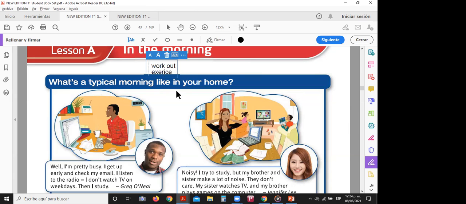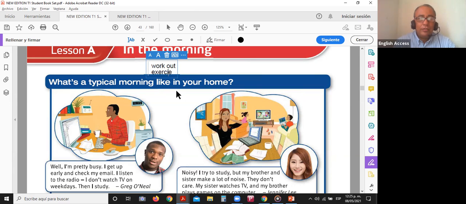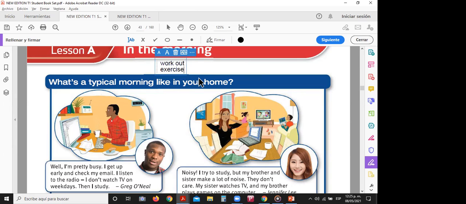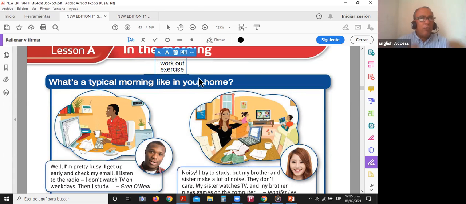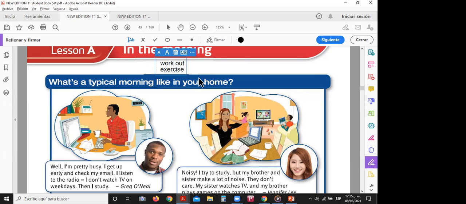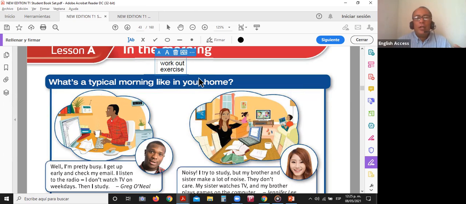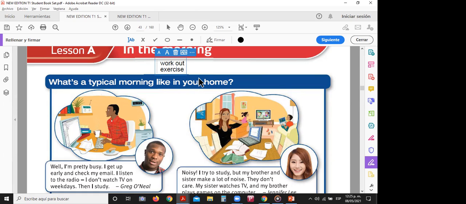Exercise. Very similar words that you can use to talk about physical activities. So when you say, "Oh, I'm working out," maybe it's with a purpose: working out for your health, or with the purpose of gaining muscles, something like that.